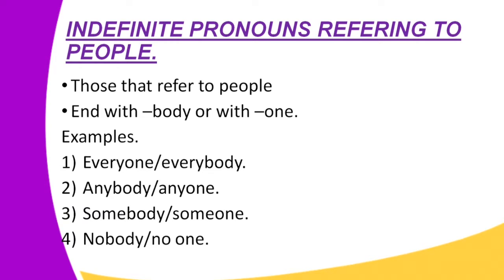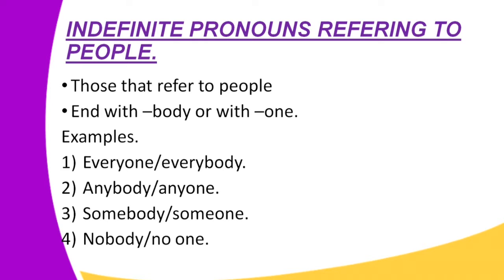Again, an indefinite pronoun used to refer to people. When you talk about someone or somebody, again, you're not specific. Somebody picked my money, or somebody hit the window. You don't know who, so you're using an indefinite pronoun.